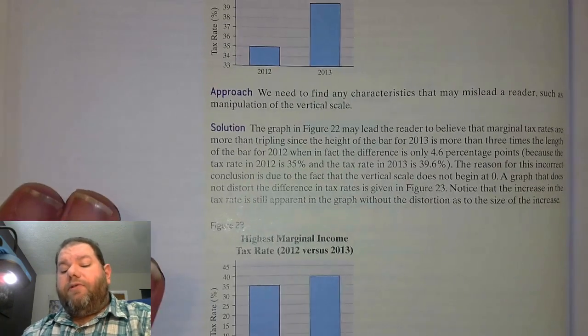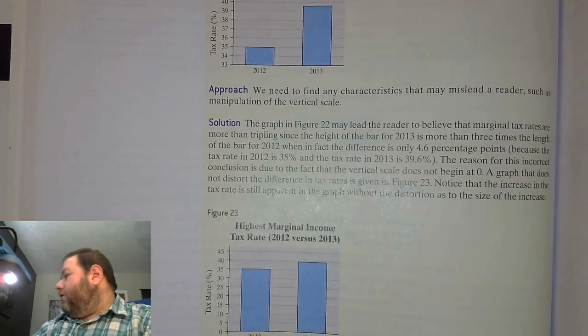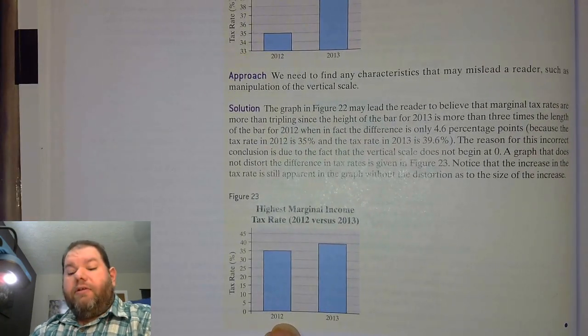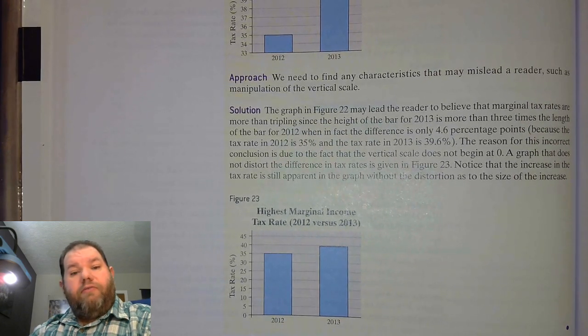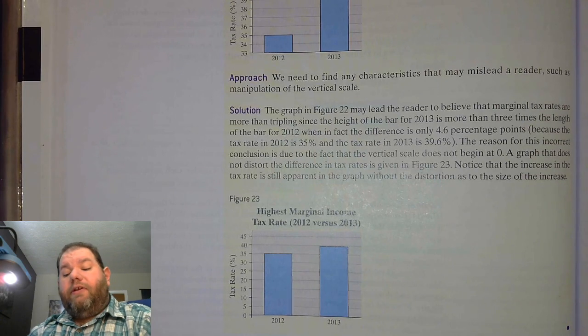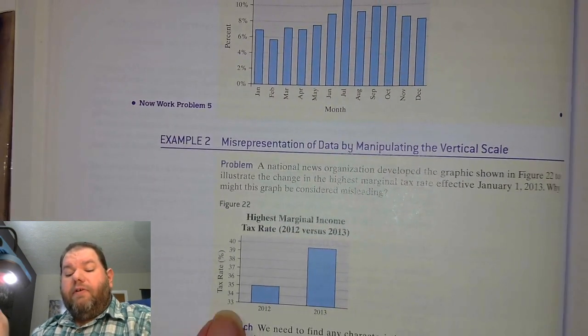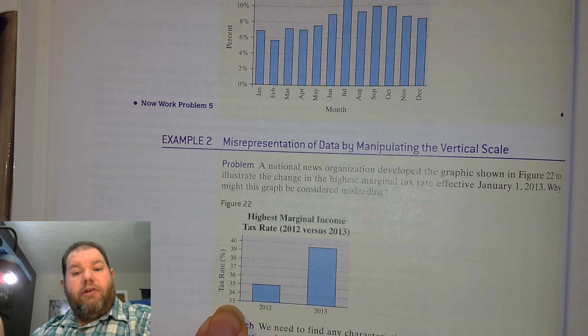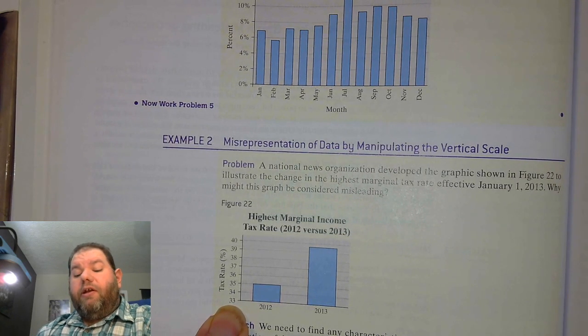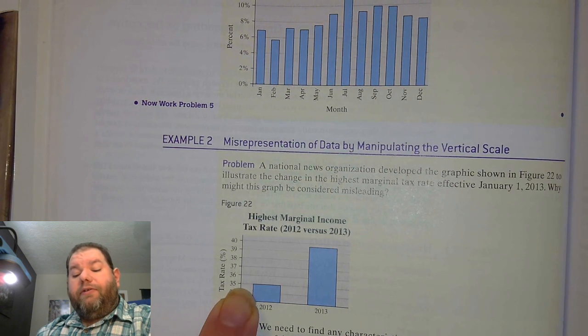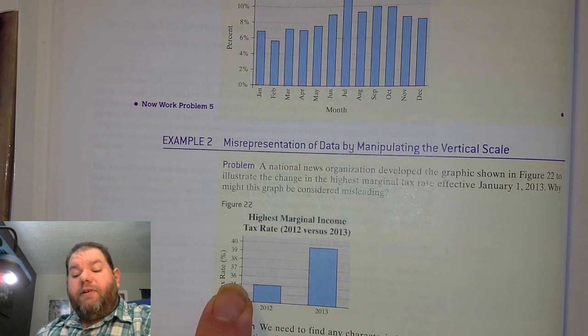We look down further. This is the actual data. Okay? And the reason that they look different is, in this first graph, our data starts counting at 33. We don't start at 0, we start at 33%. And we just look at the difference from there. This is 35%.